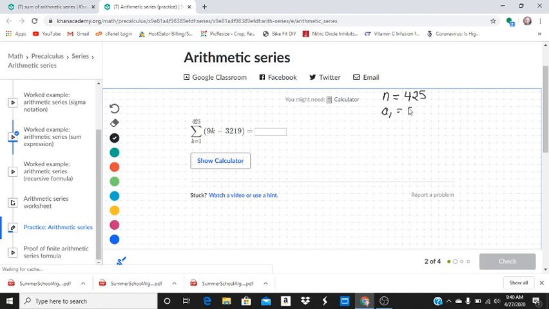We're going to do 9 times 1 minus 3,219. 9 times 1 is 9, so 9 minus 3,219 is negative 3,210.